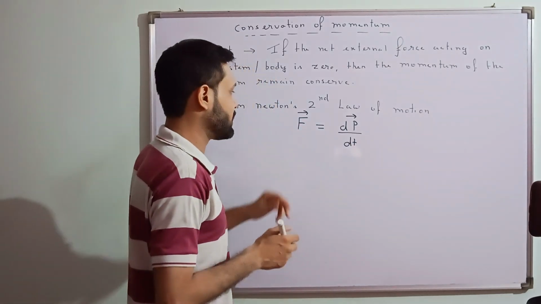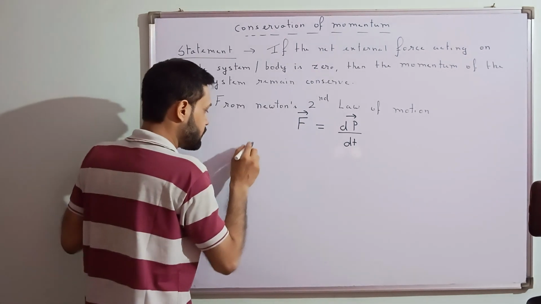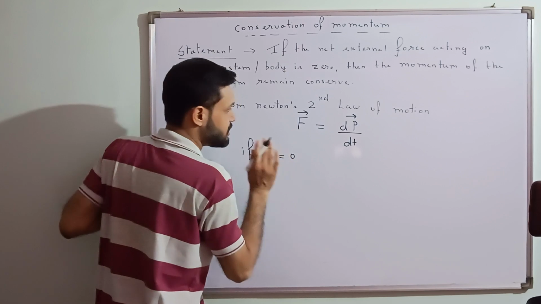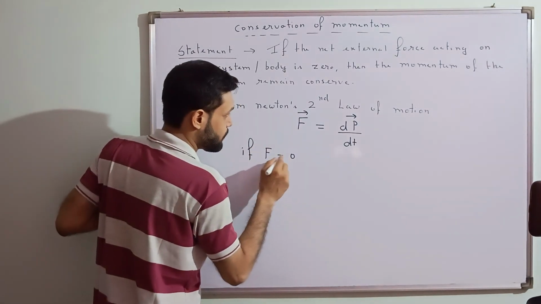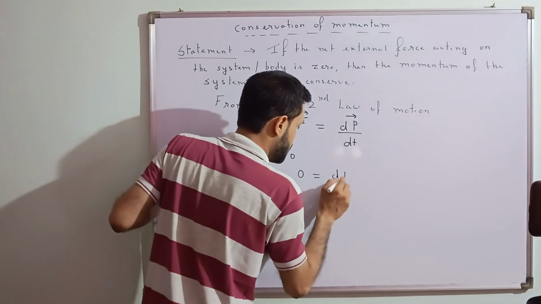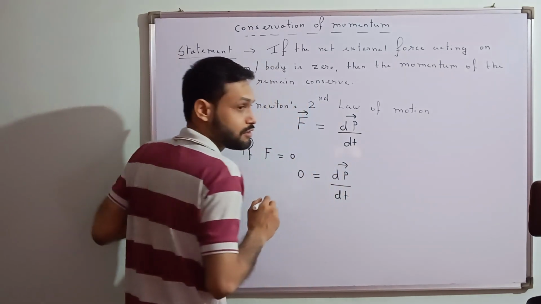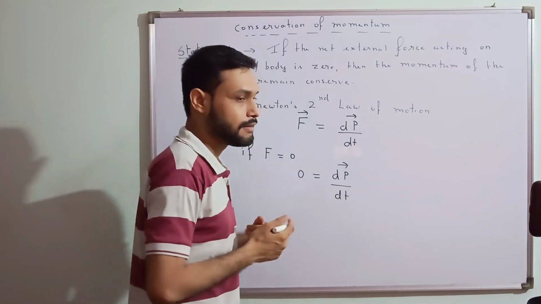Now, what if the external force is zero? If the external force becomes zero in the above situation, what will happen? Let's put 0 over here and we can write dp by dt is equal to 0. We have learned that differentiation of a constant is 0, isn't it?